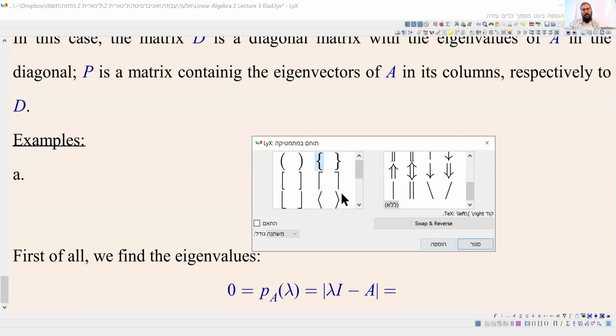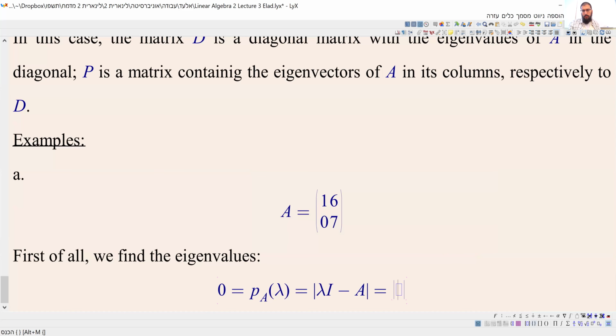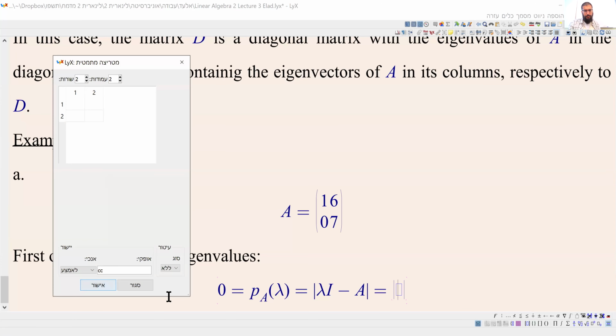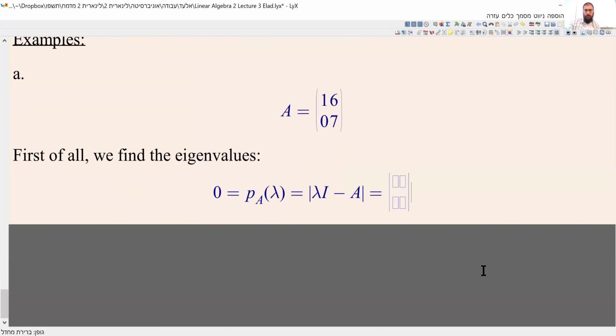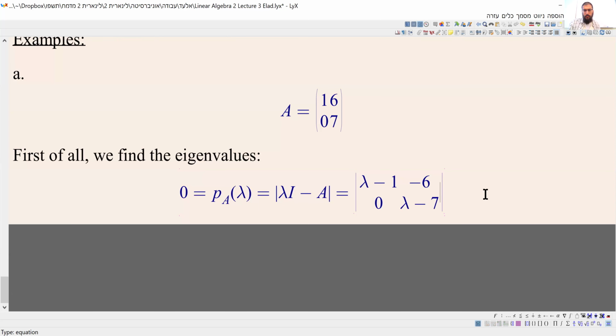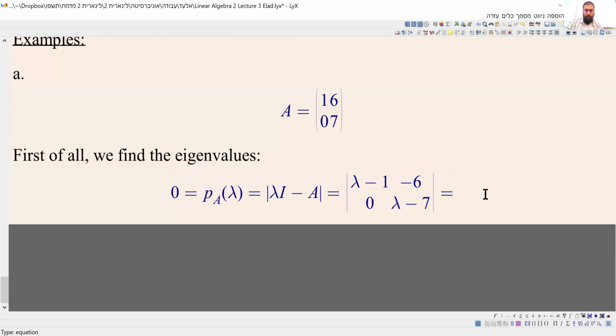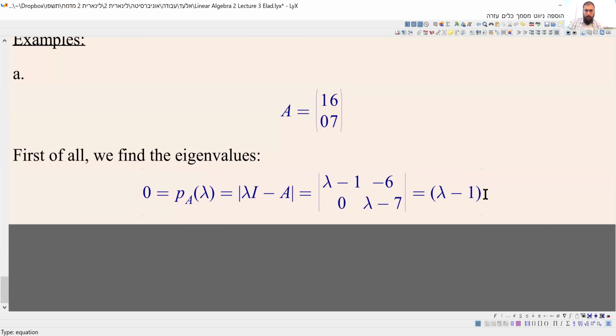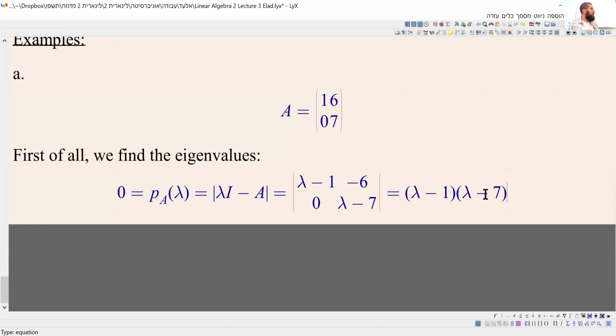This is the determinant of lambda minus 1, minus 6, 0, and lambda minus 7. And we have here lambda minus 1 and lambda minus 7. One can say, as we mentioned before the break, A is triangular, so the elements of the diagonal are the eigenvalues.